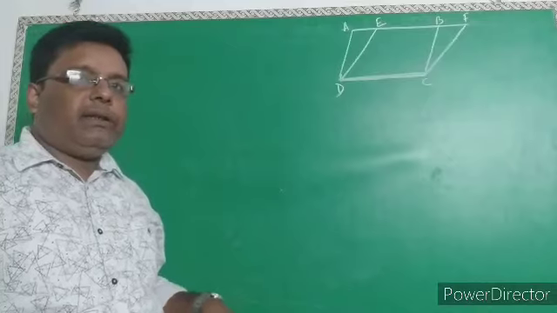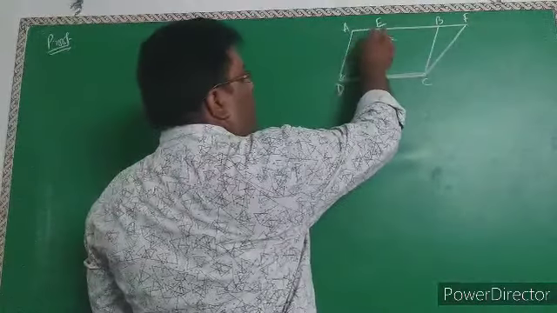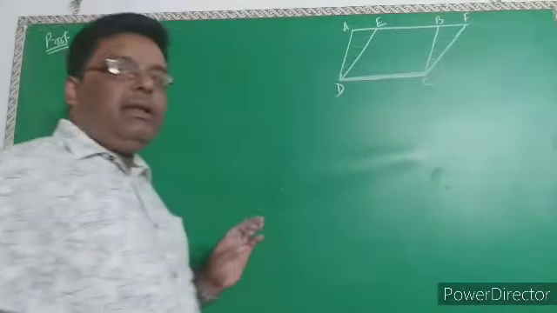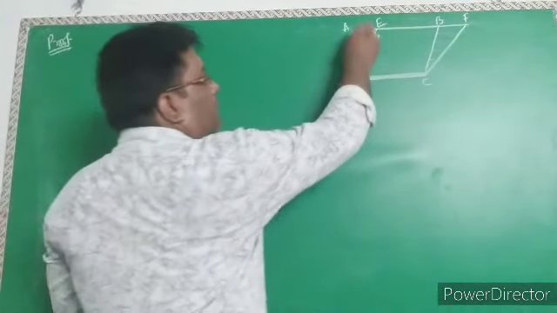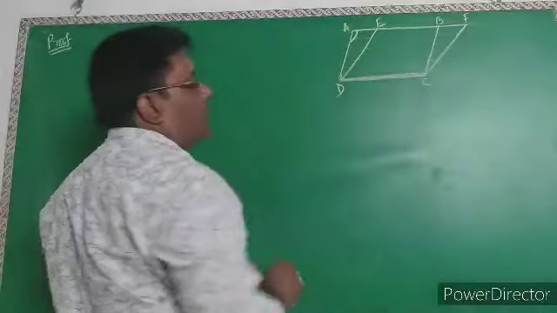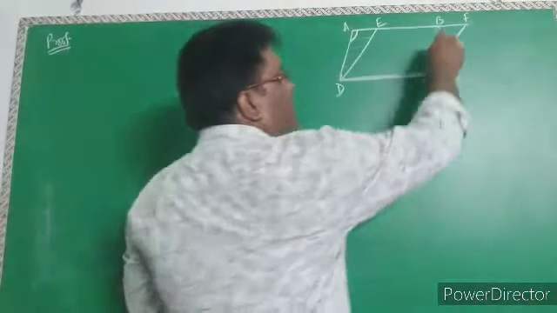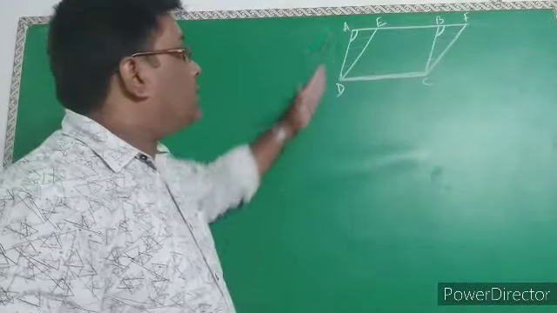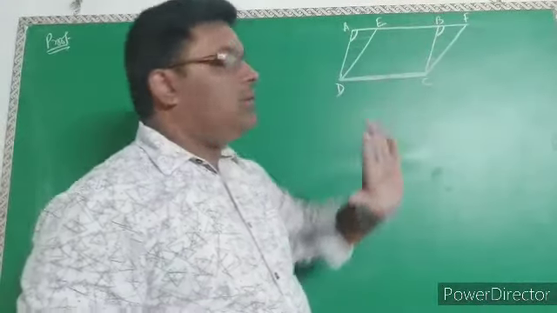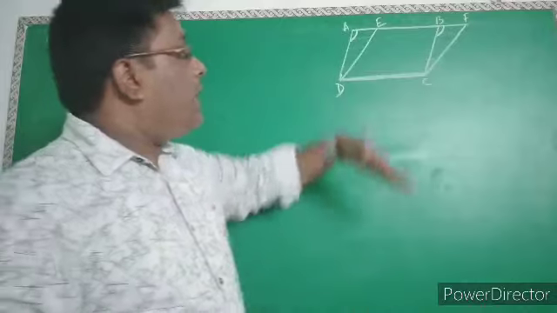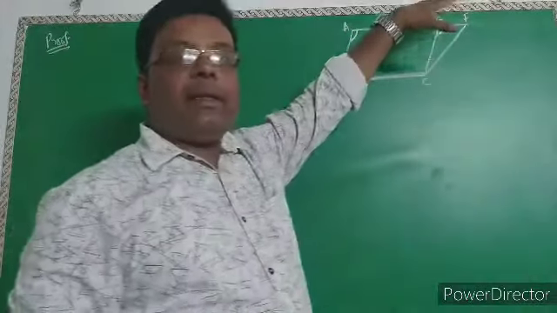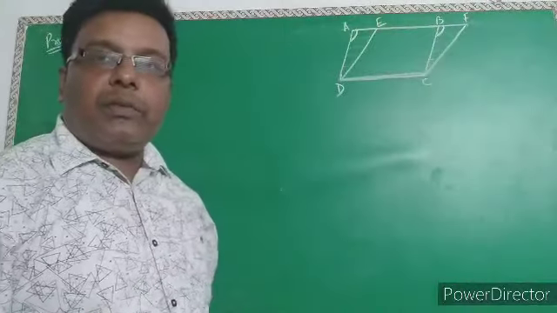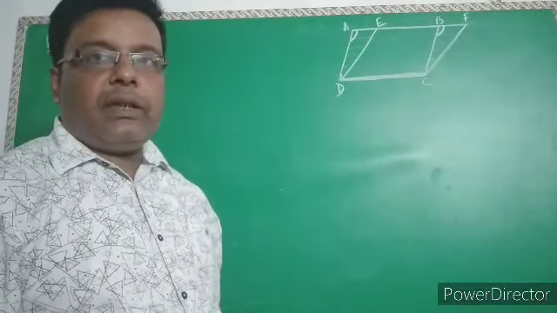In the proof part, we will take these two triangles first. In these two triangles, this angle A and this angle B are equal because AD is parallel to BC and AF is the transversal. So both these angles are corresponding angles, and corresponding angles are equal.